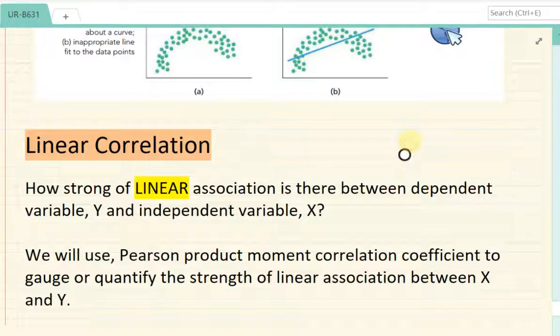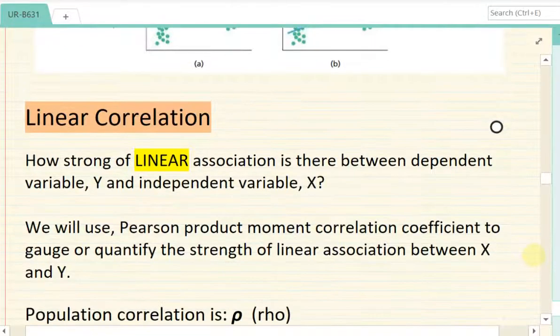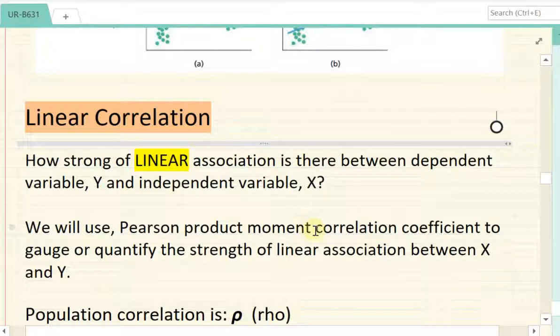Okay, so in order to answer the question of how strong a linear association there is, there are several measures of association. The one we're going to look at is called the Pearson product moment correlation coefficient. Now some folks call it just the correlation coefficient, and they leave out the words Pearson product moment. Pearson is named after Professor Karl Pearson. And product moment is actually a technical term.